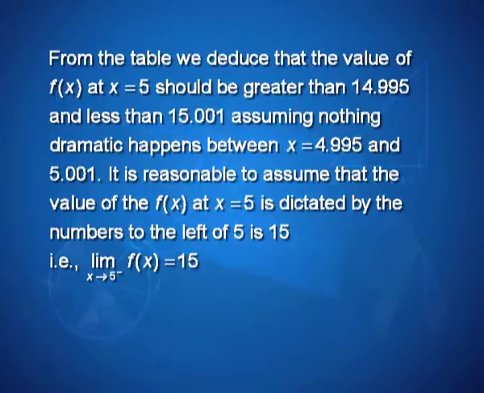It is reasonable to assume that the value of the function f of x at x is equal to 5 is dictated by the numbers to the left of 5, which is 15, that is limit f of x when x tends to 5 minus is equal to 15.